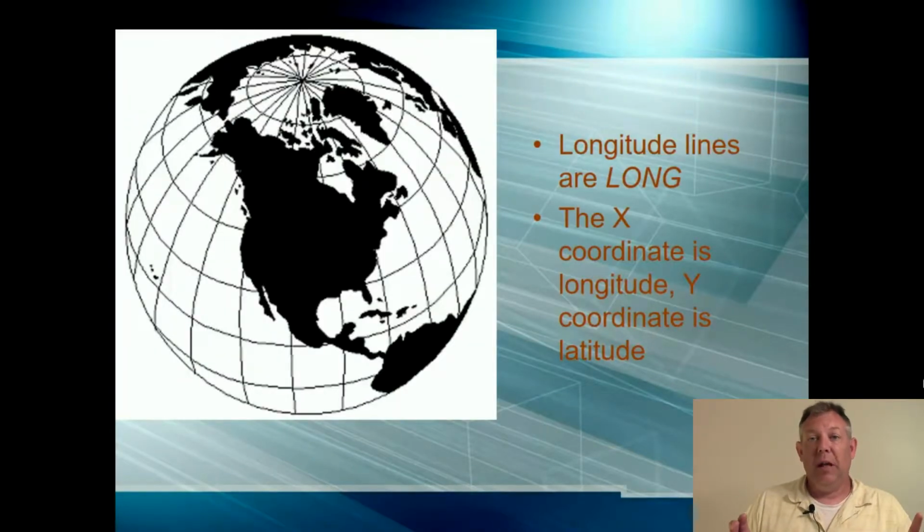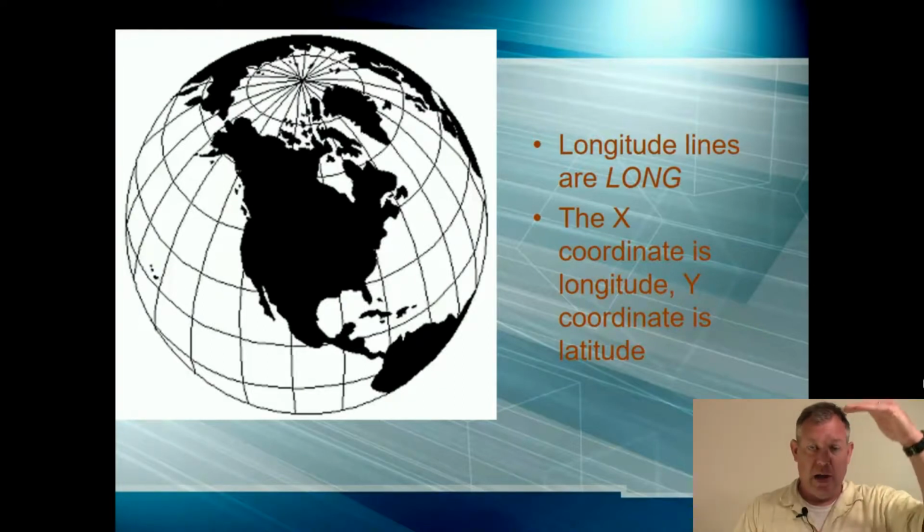We mentioned this already, but we're going to reiterate it. Longitude lines go north and south, and the latitudes go perpendicular to that. Latitude runs east and west. Consequently, if you're describing a set of coordinates for a point on Earth, the x-coordinate is the longitude value, and the y-coordinate is the latitude value.